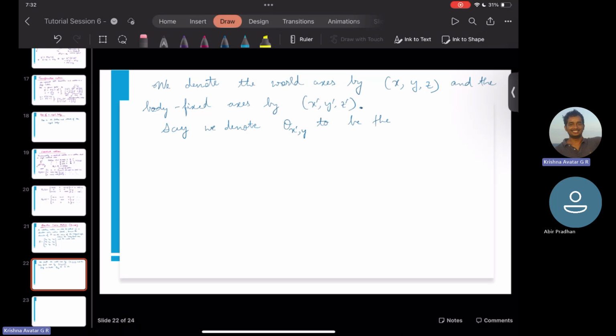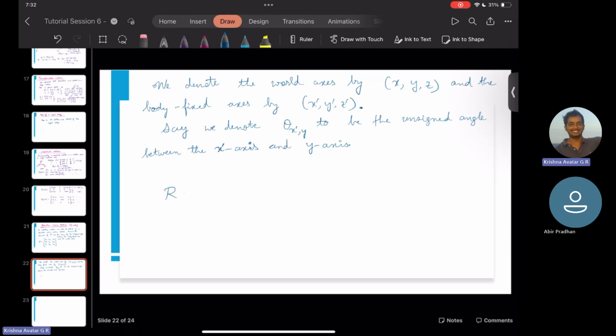Theta is the unsigned angle between the x prime axis and the y axis. This is how we represent things.